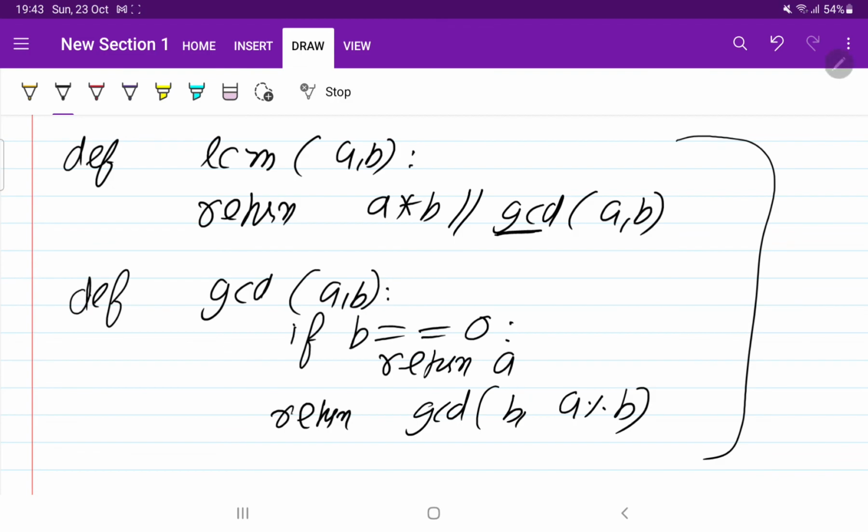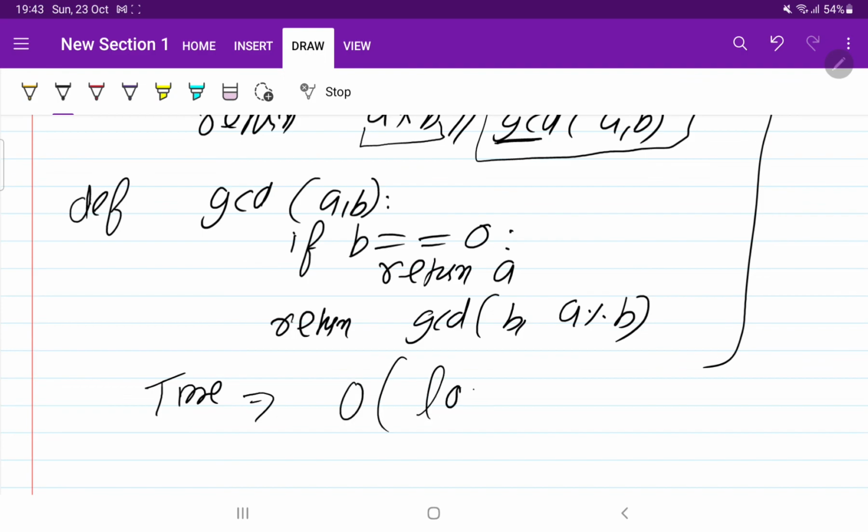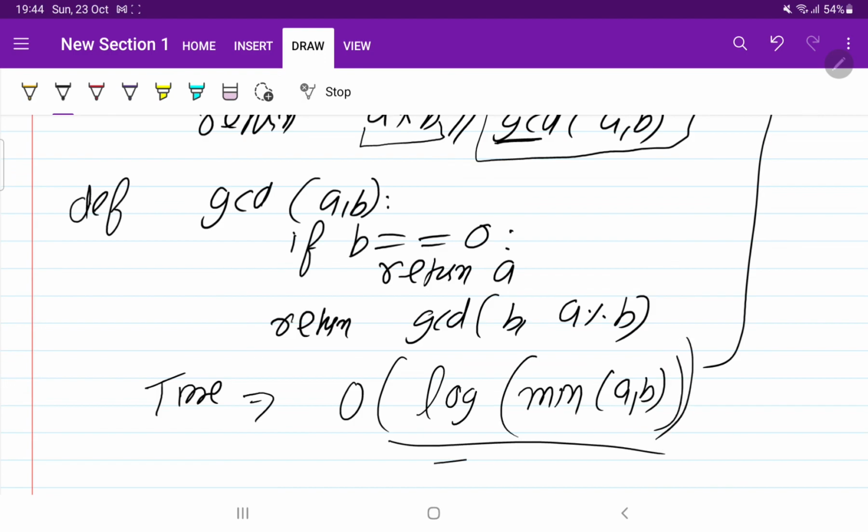Now if I ask you the time complexity, you will say that multiplying numbers is done in constant time. So the time taken by LCM will be the same as the time taken by GCD. The time complexity of GCD was log of minimum of A and B. It is taking logarithmic time, which is very small.